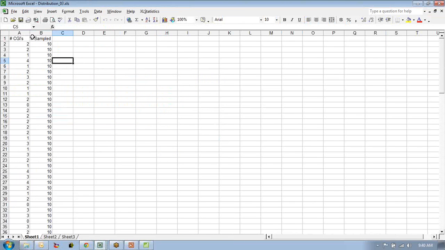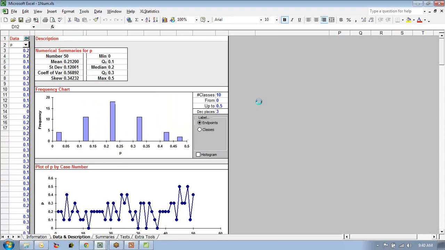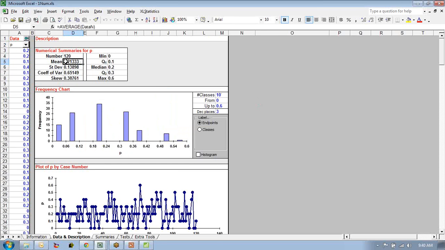If I look at the distribution, I've got 10 as the number of samples. Essentially what I'm trying to do is estimate my average p. I could do a calculation here, where p is 2 divided by 10, and so forth, and then do a one-number analysis on that, and that would tell me that p is about 0.21. So my estimate for p is 0.21. That's for the whole process.